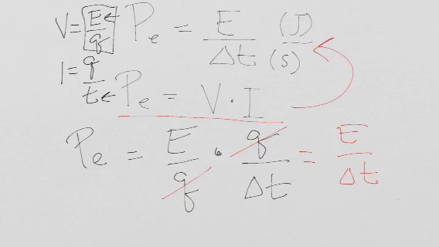Now, do we remember what the purpose of power is? The concept of power is the ability of something to do work. When you use an appliance or a machine that uses electrical energy to create a different form of energy, it's doing work for you.